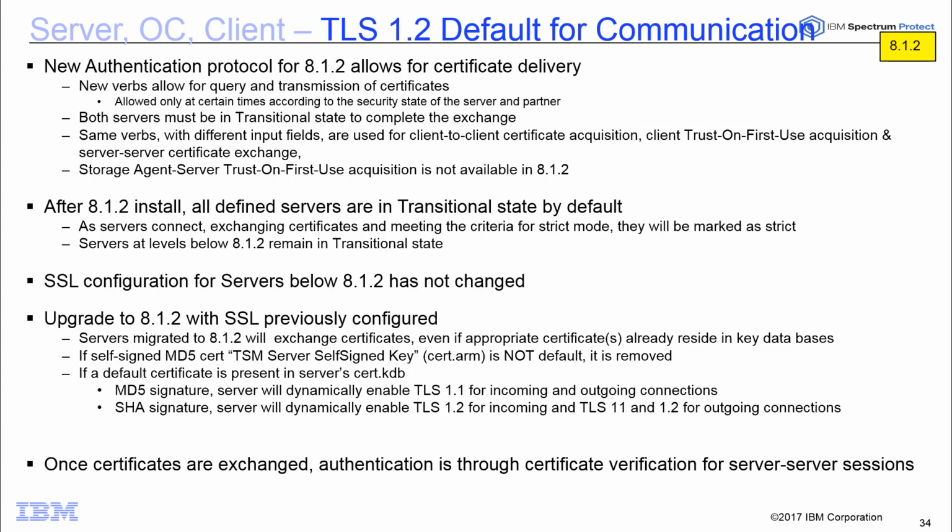If there is a default certificate present in the server cert.kdb, if it's an MD5 signature, then the 8.1.2 server will dynamically enable TLS 1.1, versus if it's a SHA signature, then we're going to dynamically enable TLS 1.2. And then once the certificates are exchanged and authentication has occurred underneath the covers, you're good to go. I know I gave you a lot of detail and this looks pretty complex, but most of this should just occur under the covers without you having to do any type of manipulation on the SSL certificates.